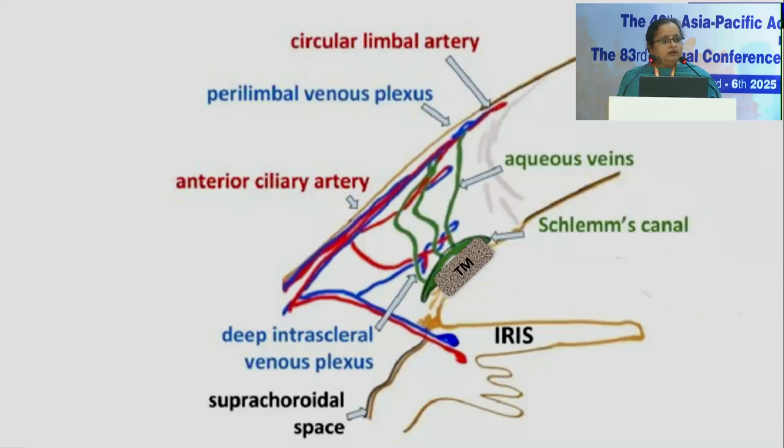You are overcoming the resistance offered by the trabecular meshwork. Traditionally, we understand that after the trabecular meshwork pumps aqueous towards the Schlemm's canal, it's collected by the collector channels and then sent into different venous plexuses, superficial as well as deep. From there, it goes into the systemic circulation.